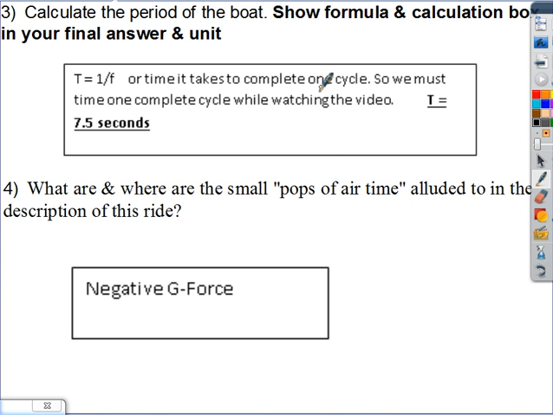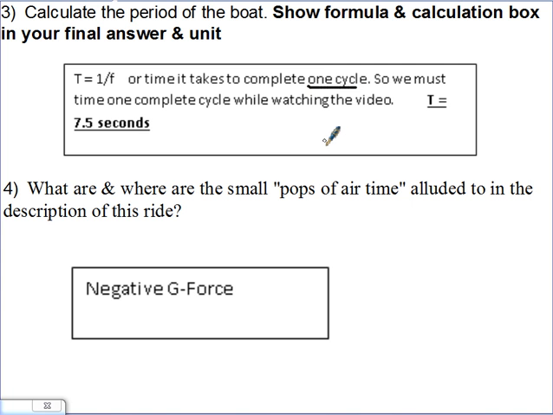One cycle for the boat would be, you start the cycle here, you go stopwatch start, bam, and then there, and then it turns around and comes back, and that's one complete cycle. I timed this 3 times, and I got 7.5 seconds. You're welcome when you watch the video to time it and get your own time. That's flexible, but you should have somewhere in the neighborhood of that.